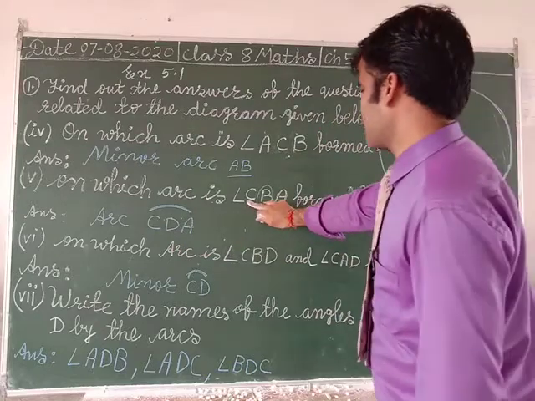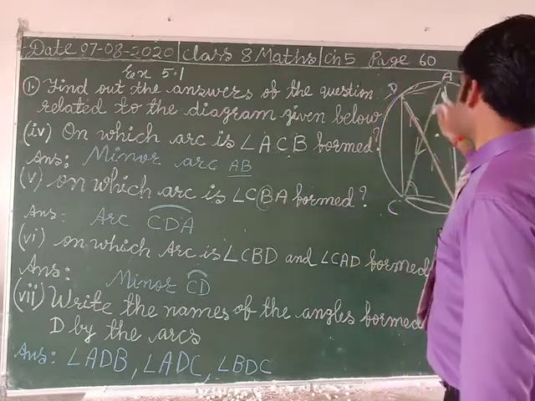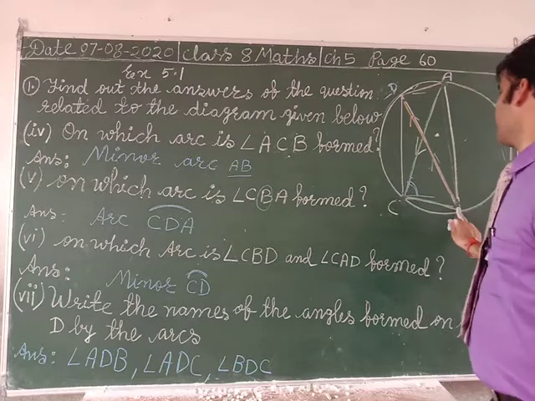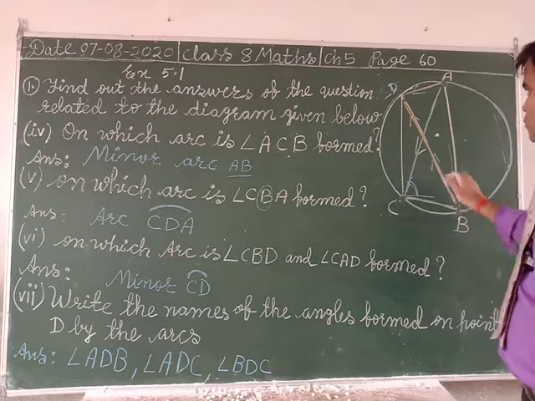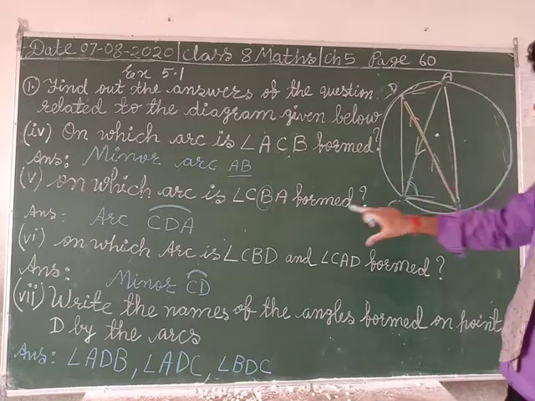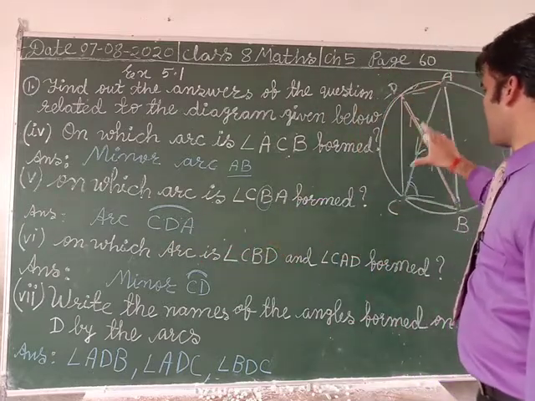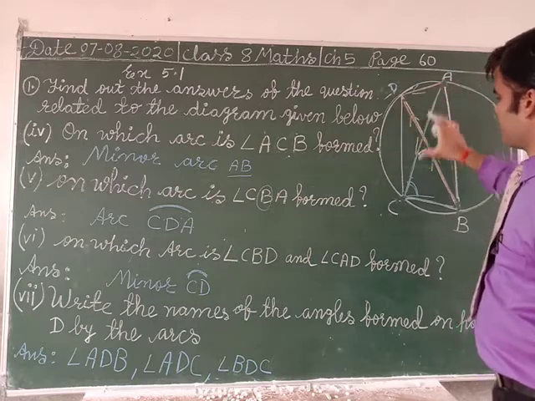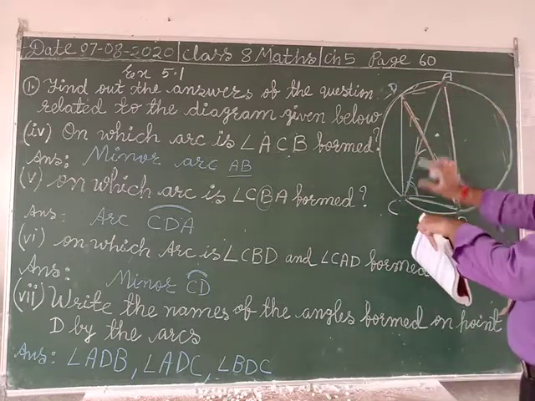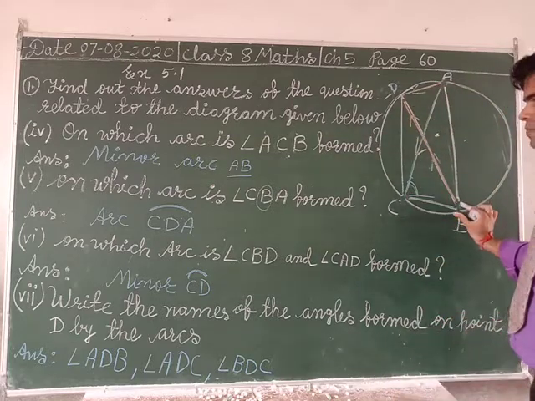It is on angle CBA. Here is angle CBA, and it is formed by arc CDA. This arc is on the line CA and forms angle CBA.